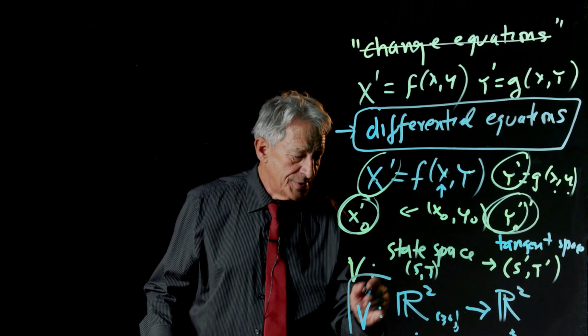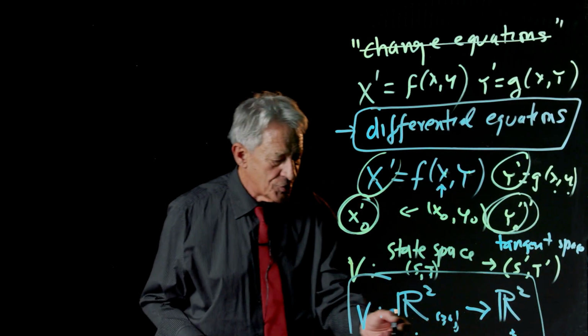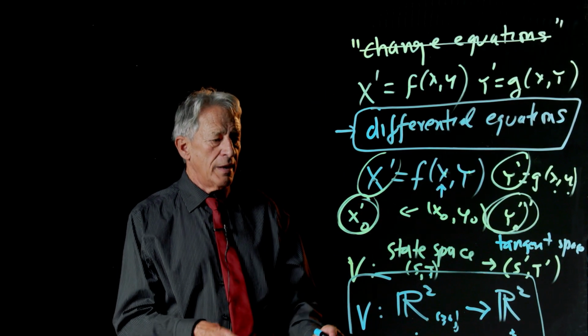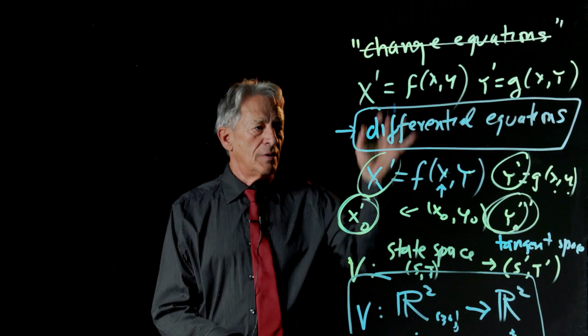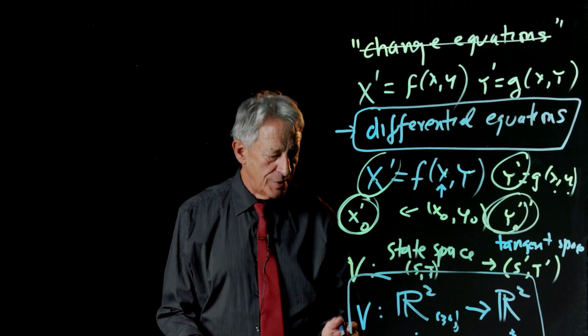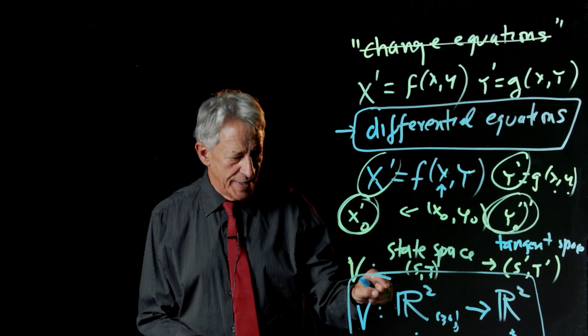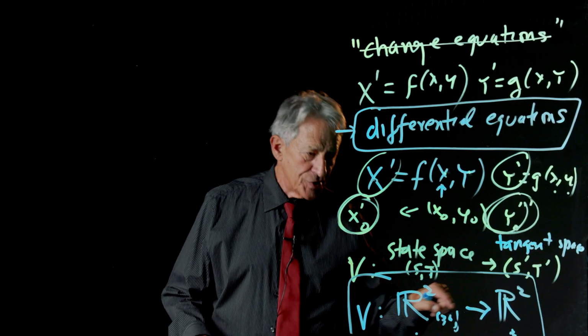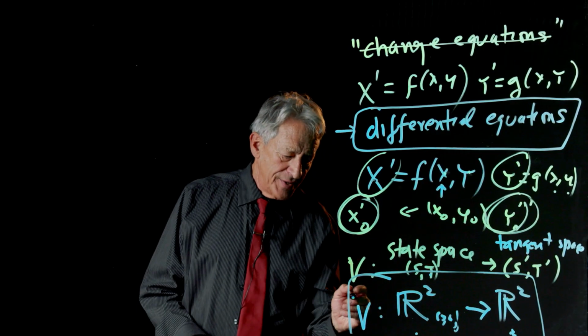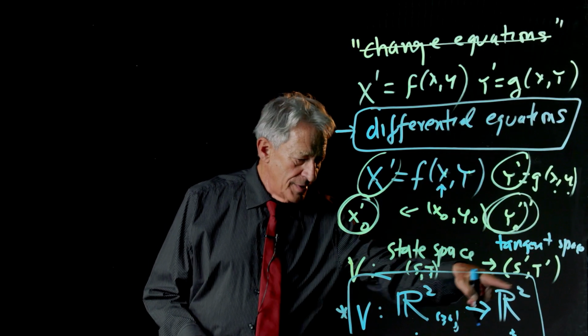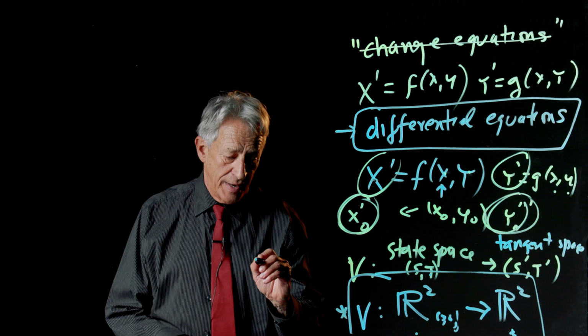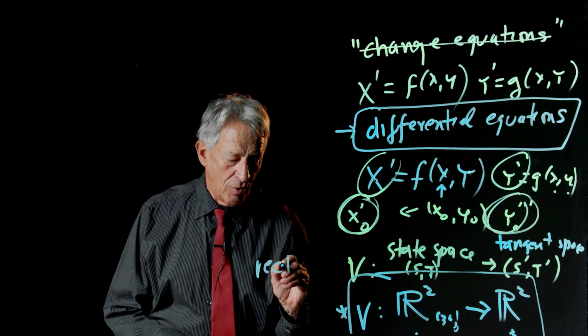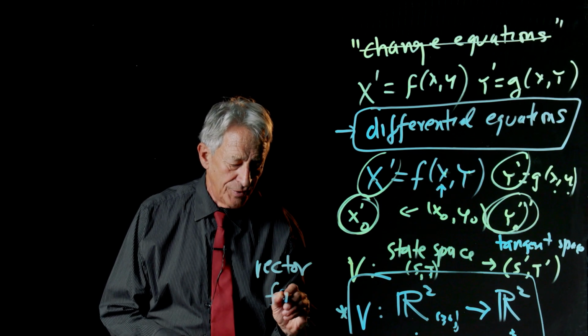So V takes R squared into R squared is the way to look at this differential equation as a function from state space into tangent space. And in that context, this has a fancy name in math. It's called a vector field.